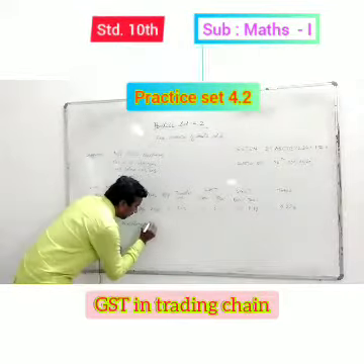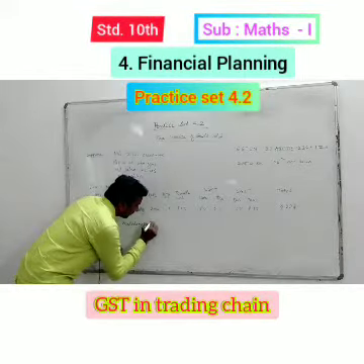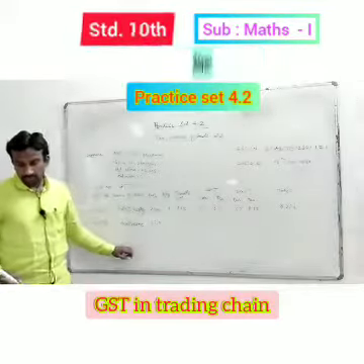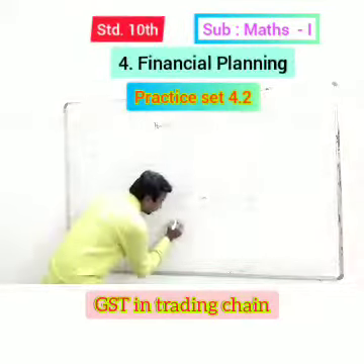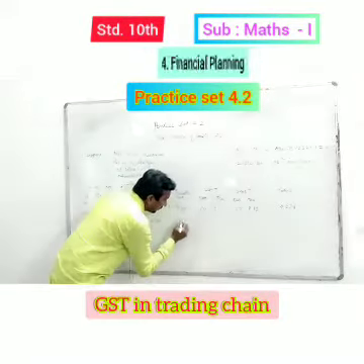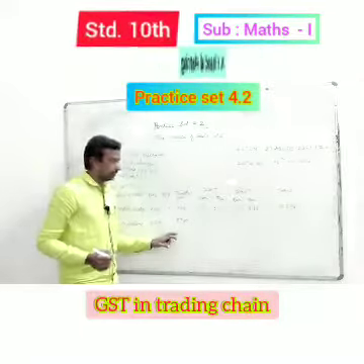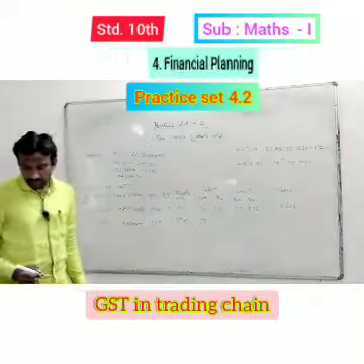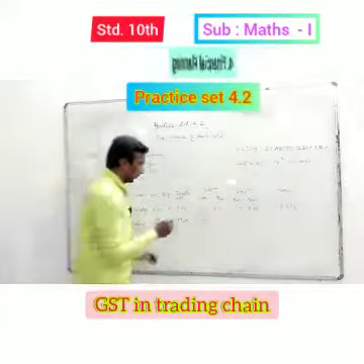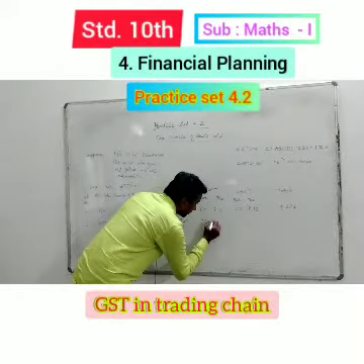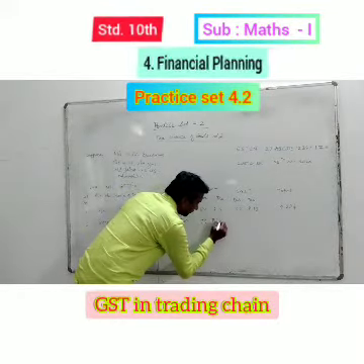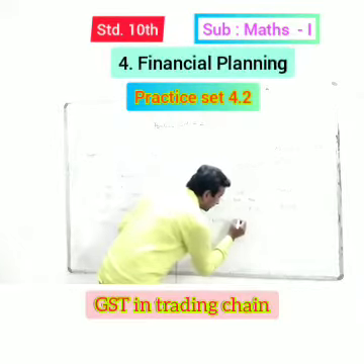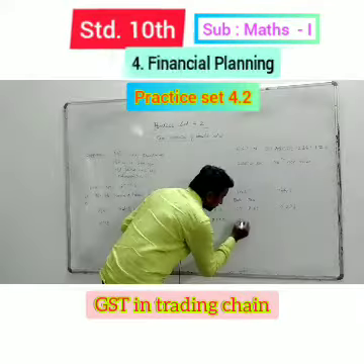Similarly for second product code is 8518, which is headphone. Now rate of that headphone each is rupees 750. Quantity 1, taxable amount is rupees 750. Rate of CGST is 9%. Therefore 9% of 750 is rupees 67.50. Again SGST is also 9%.